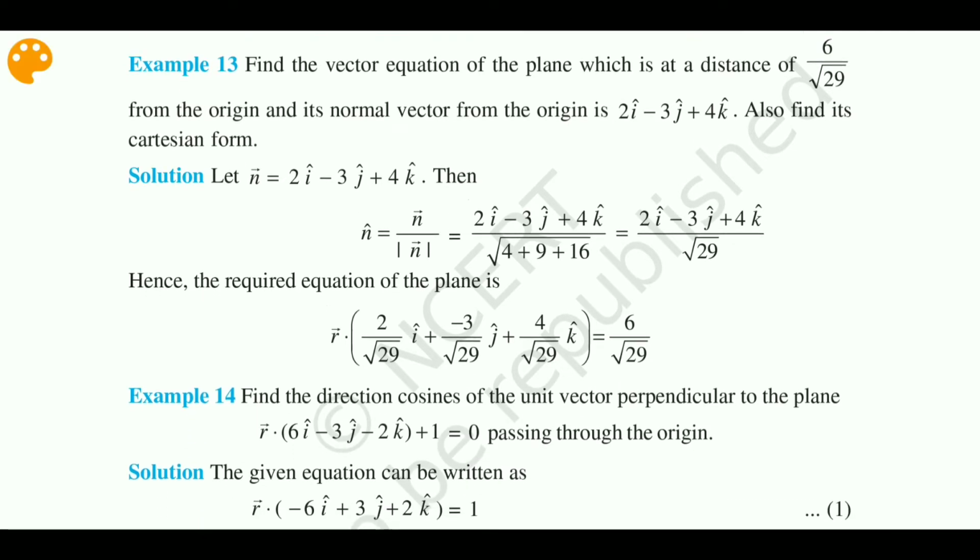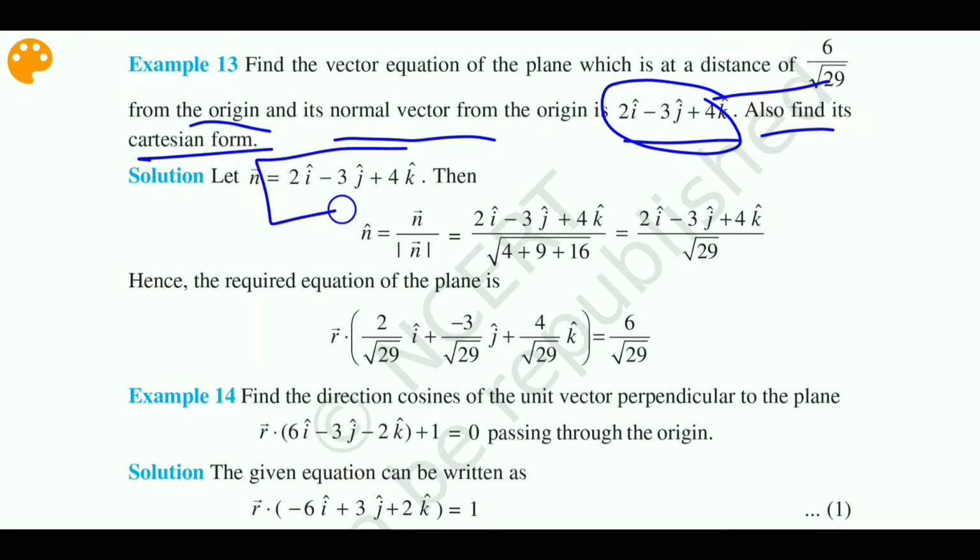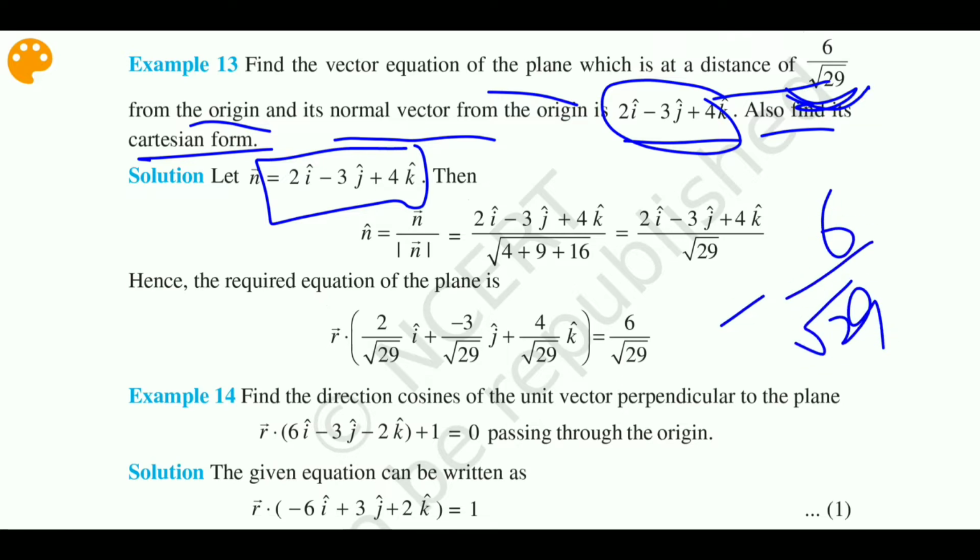We have to find the vector equation of a plane which is at a distance of 6 by root 29 from the origin. The word is origin, and we have to find its normal vector from the origin, and also the Cartesian form. The normal vector is already given. The distance 6 by root 29 goes on the right-hand side, and we put the given vector over there.